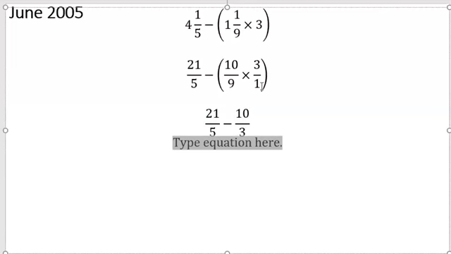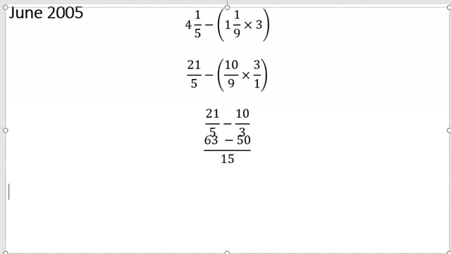And from this fraction, I will need to now find the LCM, which is 15. Love the number 15. So now I can say 5 into 15 goes 3 times. So 21 multiplied by 3 is 63, minus 3 into 15 goes 5 times, 5 tens, 50.